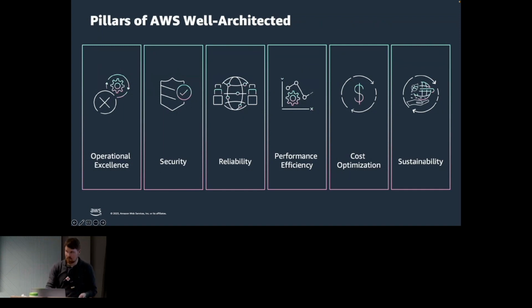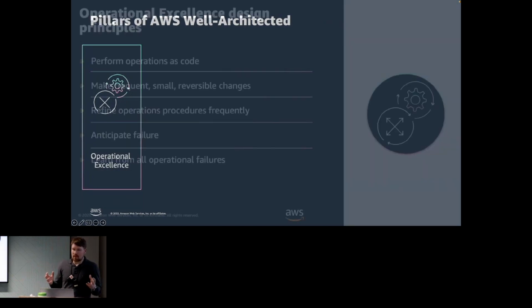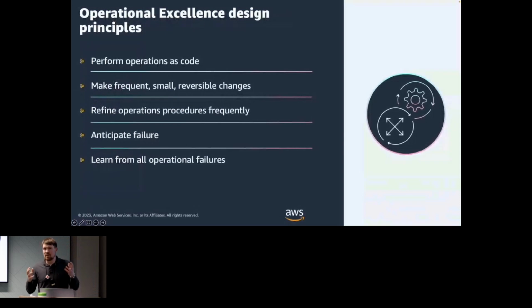So after this quick rundown, let's dive into the first pillar, the operational excellence pillar. Operational excellence is the ability to run and monitor workloads so that they deliver business value, and to continually improve supporting processes and procedures. And we have design principles to guide you towards operational excellence.